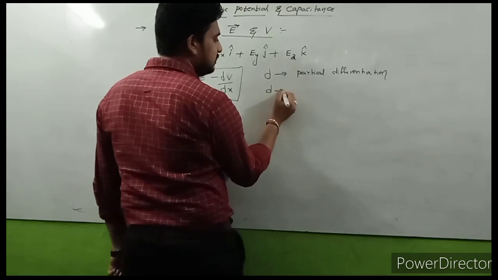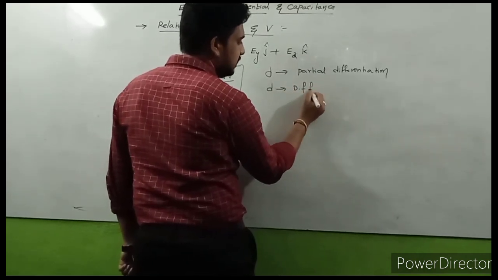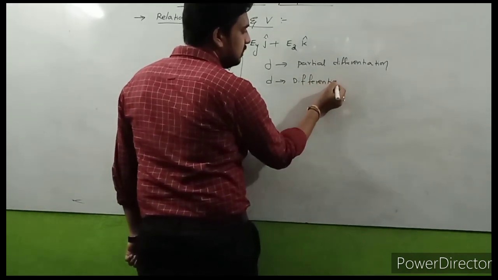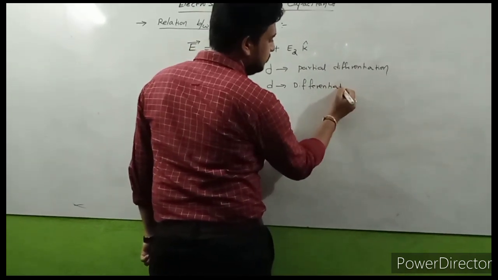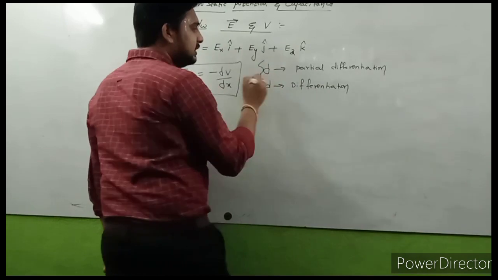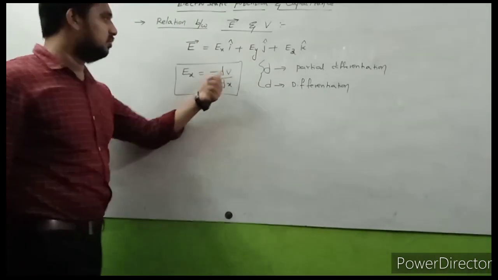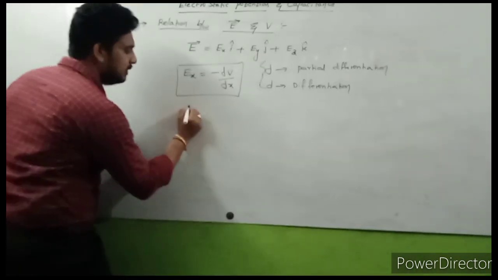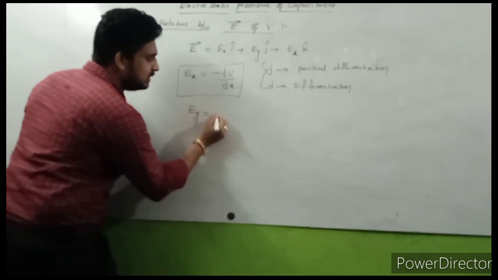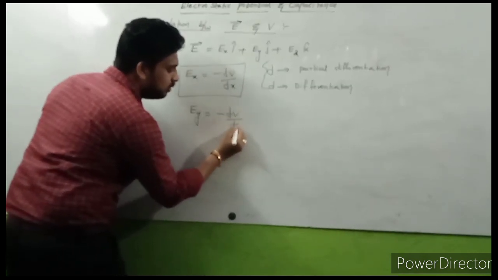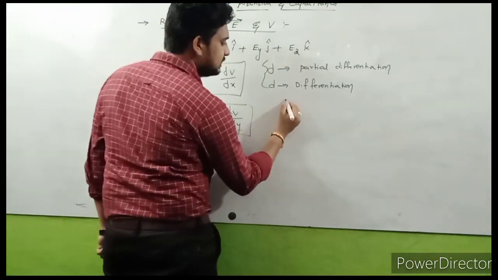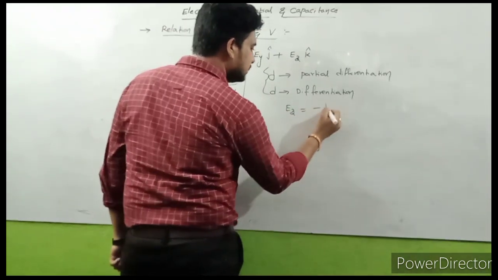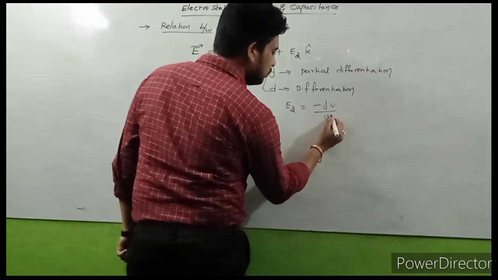D is nothing but general differentiation. Ex is equal to minus dou V by dou x. Ey is equal to minus dou V by dou y, because negative potential gradient. Ez is equal to minus dou V by dou z.